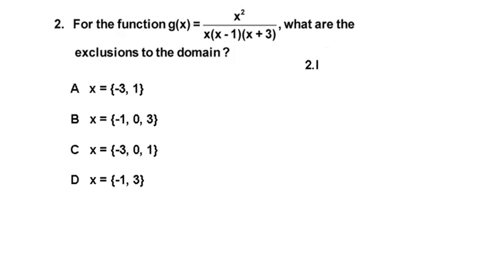2, for the function g of x equals x squared over x times quantity x minus 1 times quantity x plus 3. What are the exclusions to the domain? Again, exclusions, what the domain cannot be.